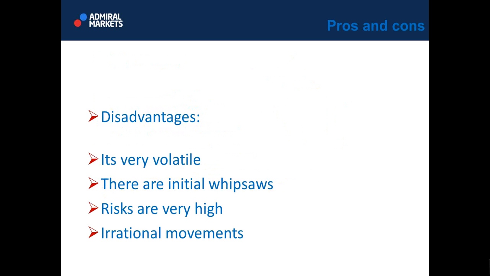That spike can really, if we don't do the proper timing when we trade NFP, be really disastrous to our account. And that is why I always say, when trading NFP, be very concentrated, be very nimble on your fingers. Also, there are initial whipsaws.